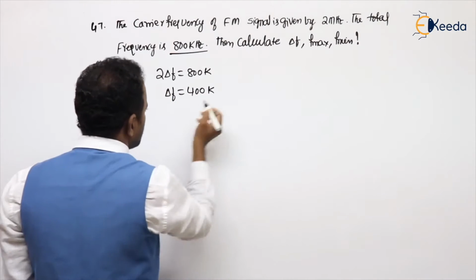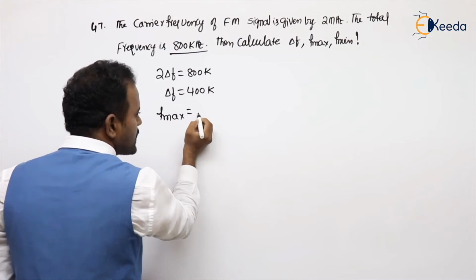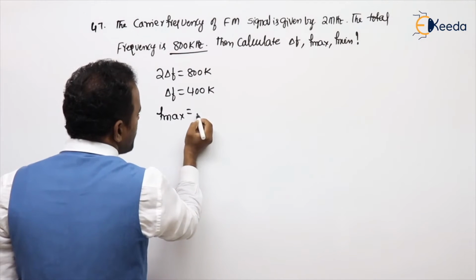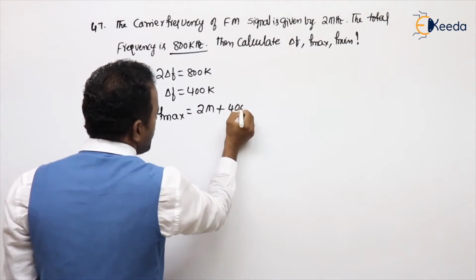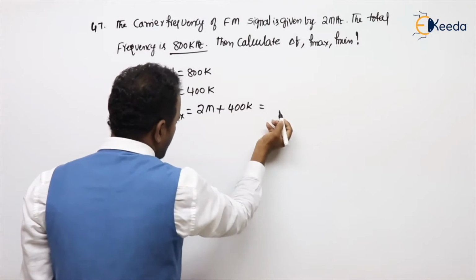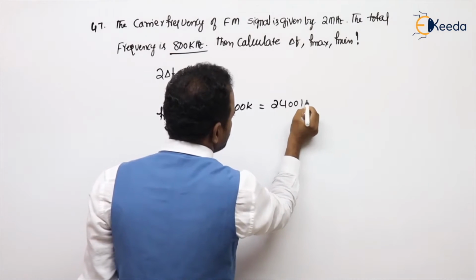One thing is done. Next is F max, which is Fc plus delta F. Fc is 2 MHz plus delta F, 400 kHz, so I can write 2400 kHz.